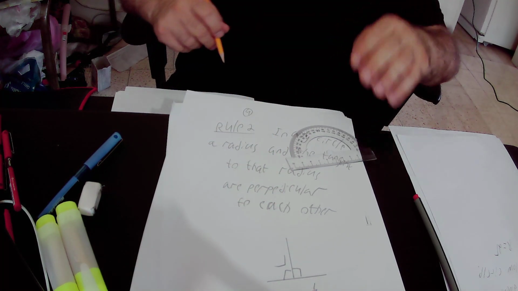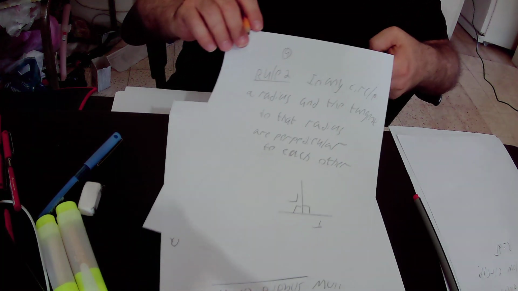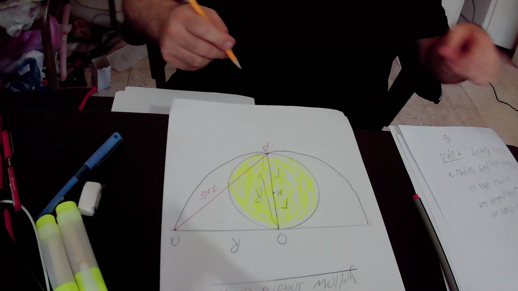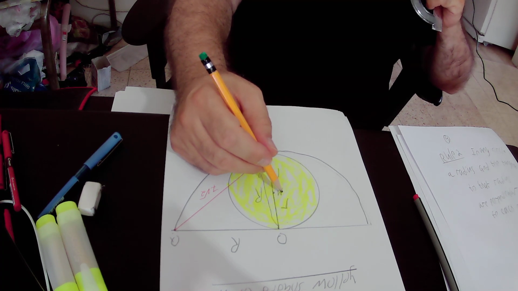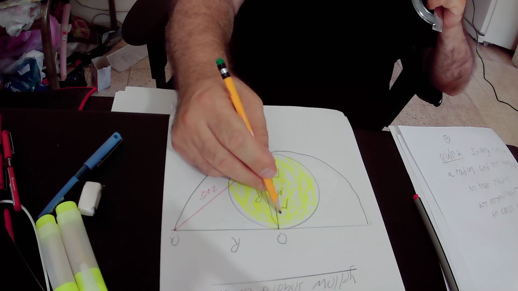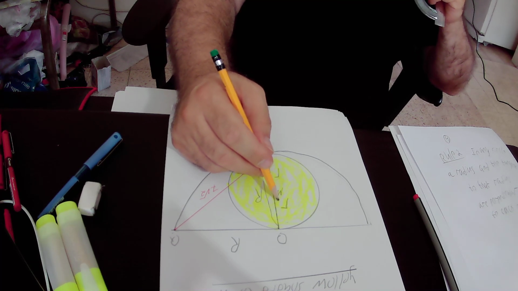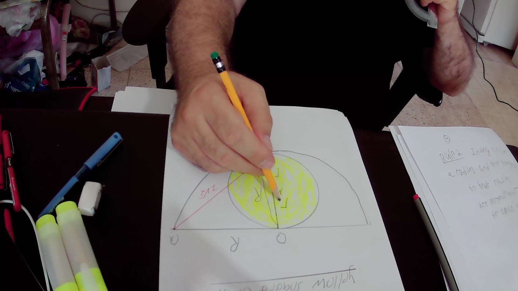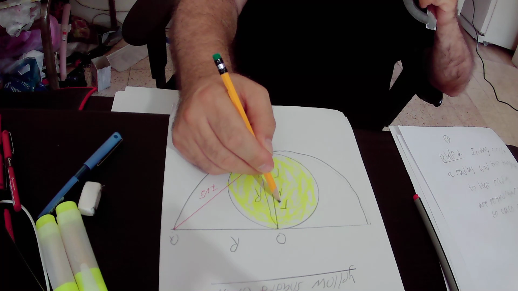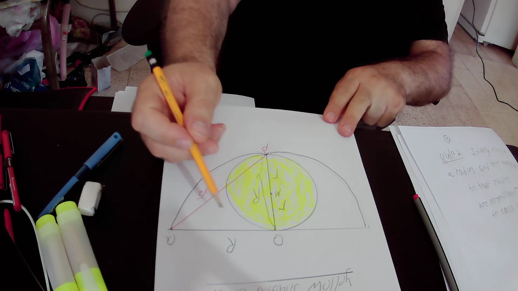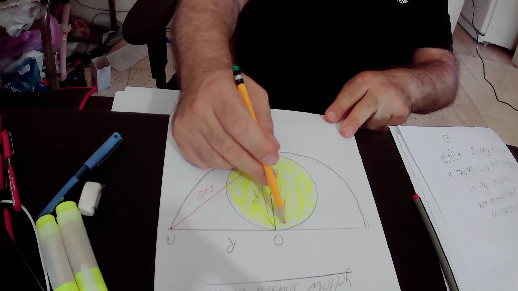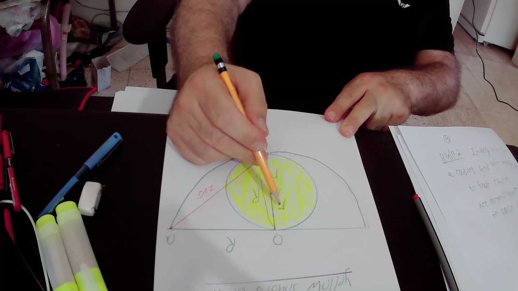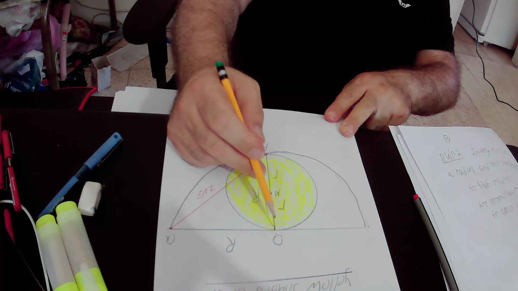So we can implement now rule number 2 in our circle, because here small r is the radius of the yellow circle, MO is the radius of the yellow circle, and it is also defined as small r, and we have the tangent to that radius. QO is actually tangent to radius MO.